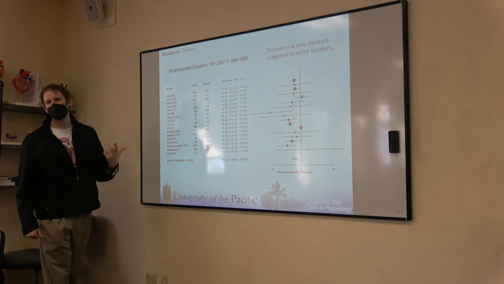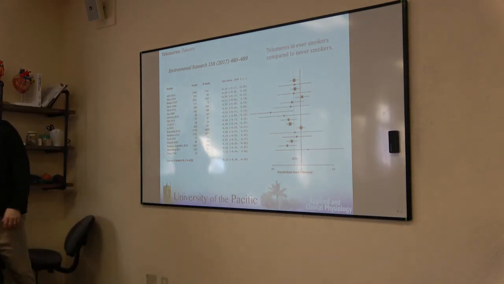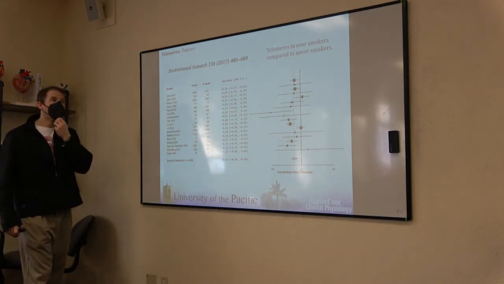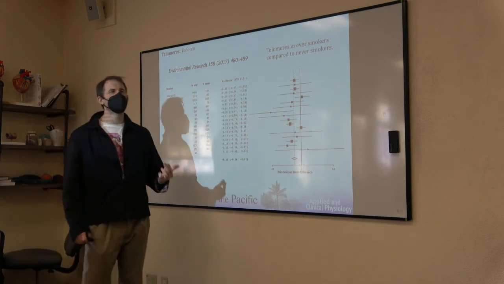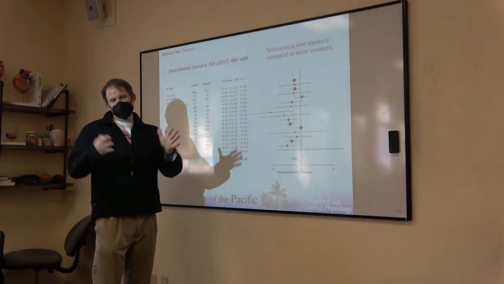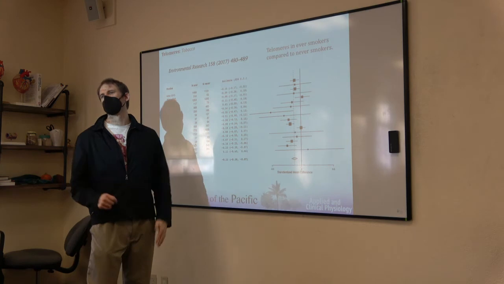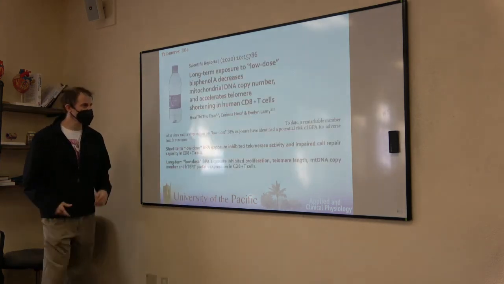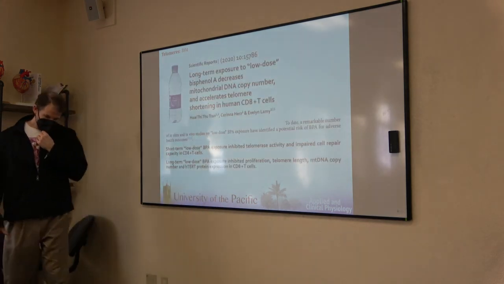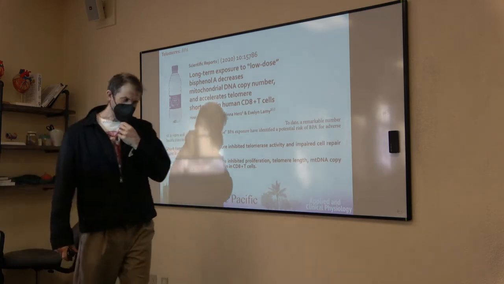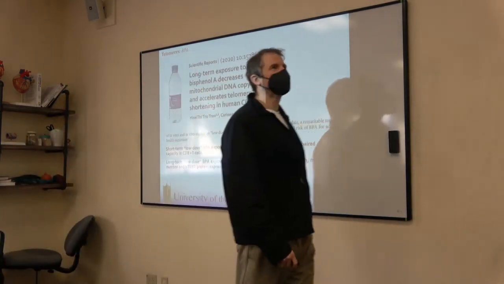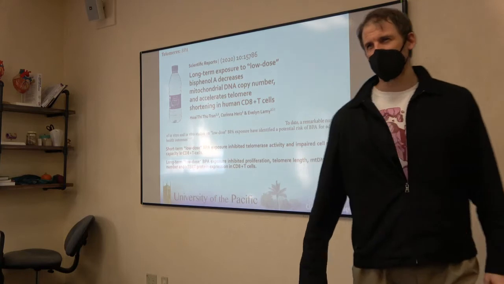Smokers and previous smokers have shortened telomeres. Now, I smoked a while ago and I quit. Doesn't seem to have that big of a difference. So quitting smoking is a way of helping to keep telomere length intact.